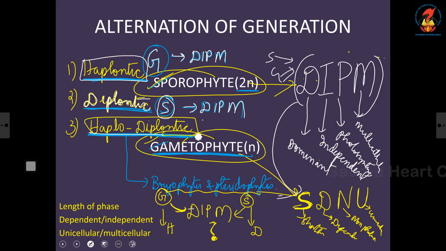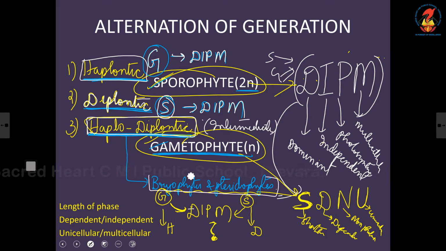And the third, a special life cycle, haplodiplontic, is an intermediate condition. It is possessed by bryophytes and pteridophytes. That is, in bryophytes it's a gametophyte that is DIPM, whereas in pteridophytes it's a sporophyte that is DIPM.